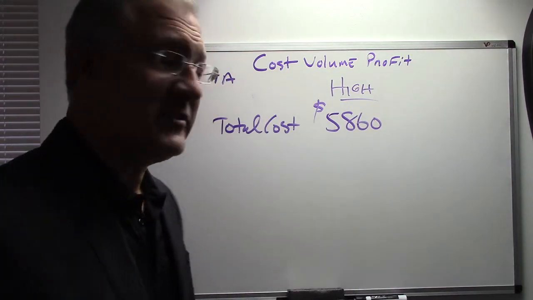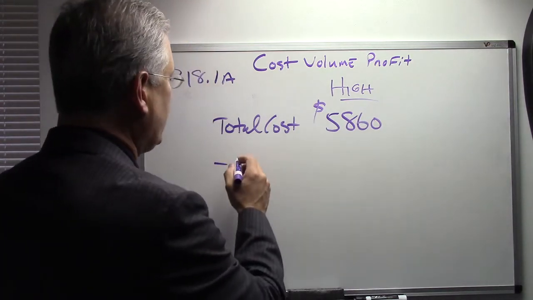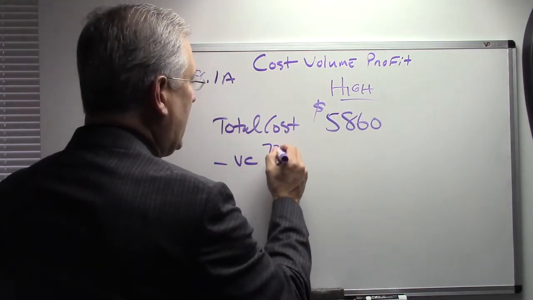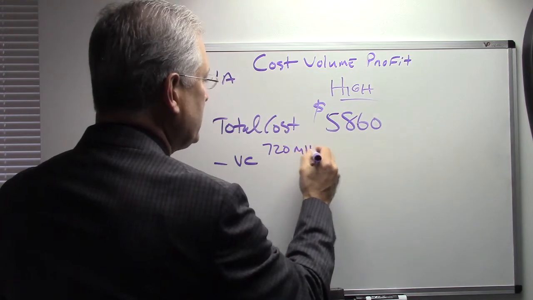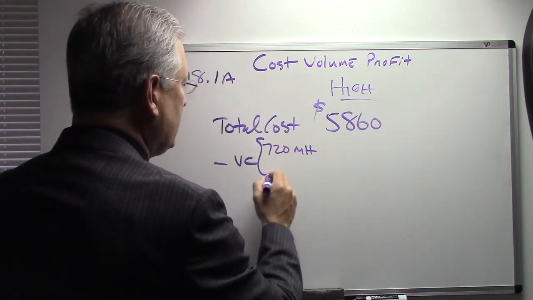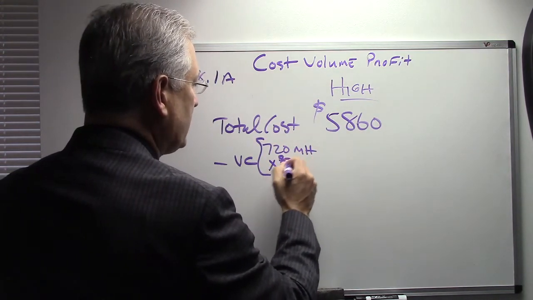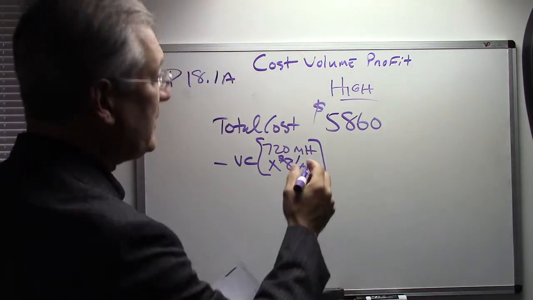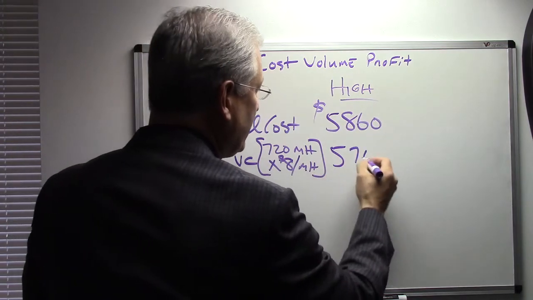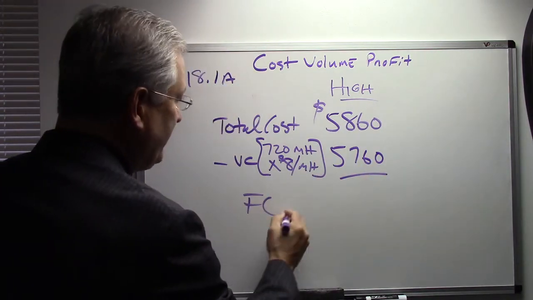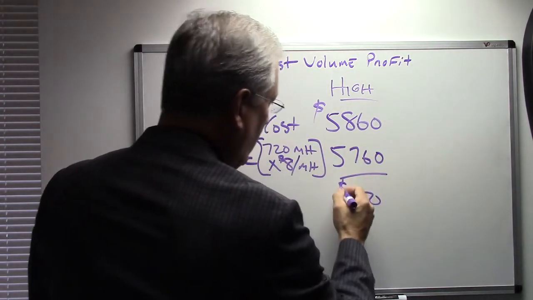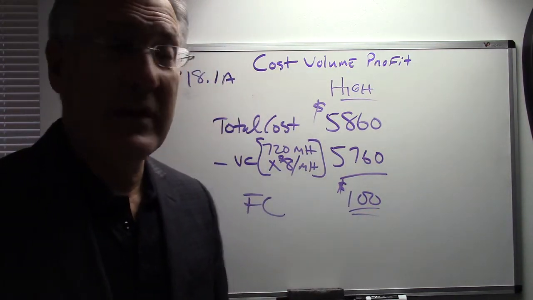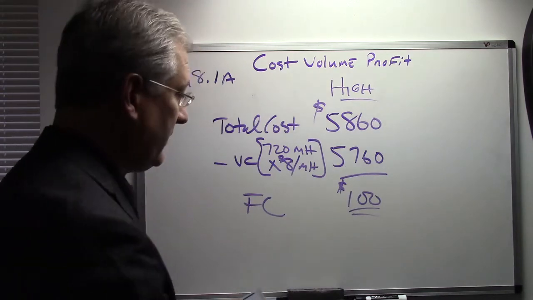We want to isolate the fixed cost. So we're going to subtract off the variable cost. So at the high level, we have 720 machine hours times the $8 per machine hour, which is my variable rate. The variable cost included in the total cost is $5,760. Therefore, the fixed cost equals $100. You can do the same at the low level and come up with the same $100.